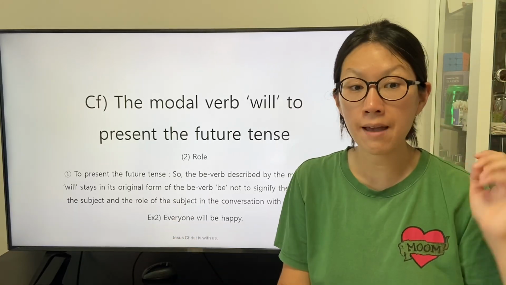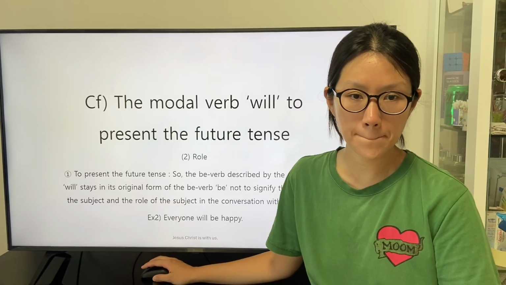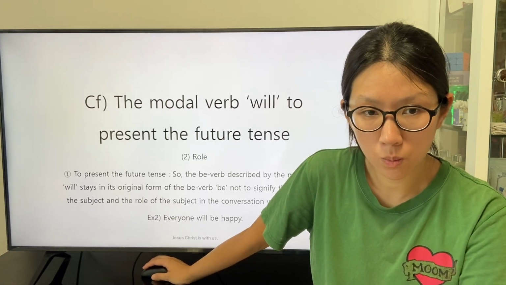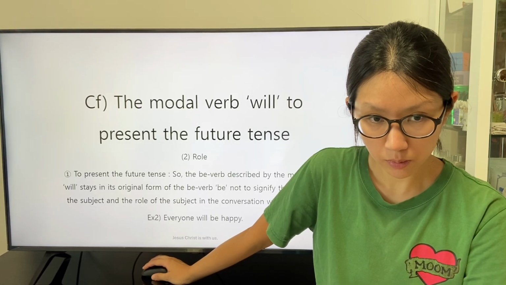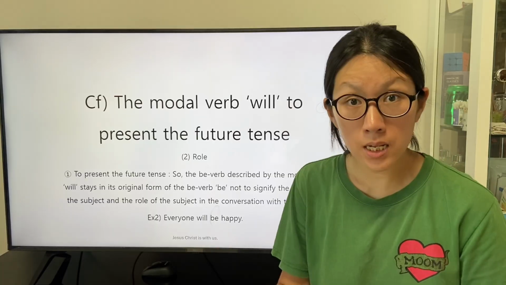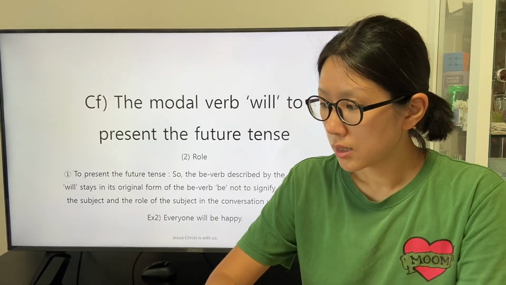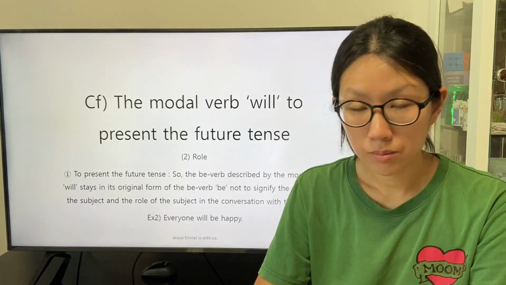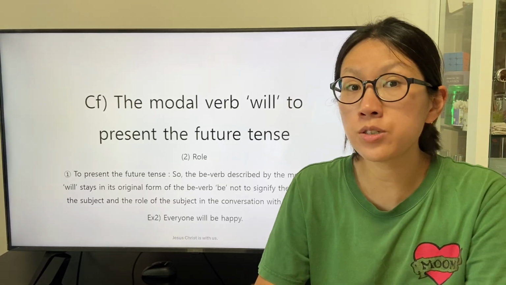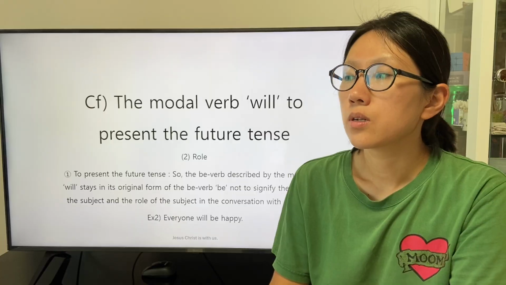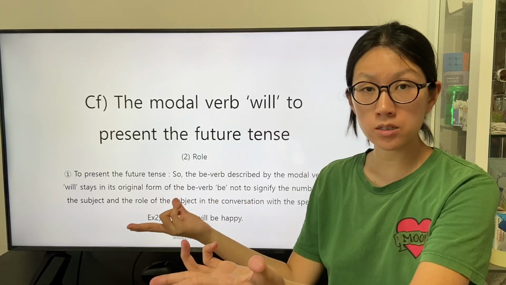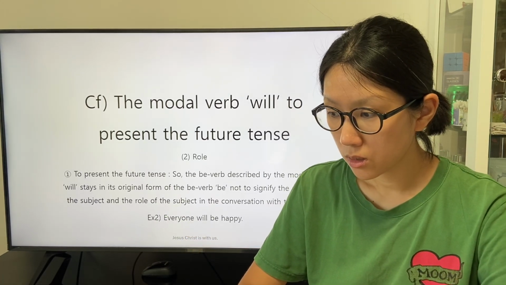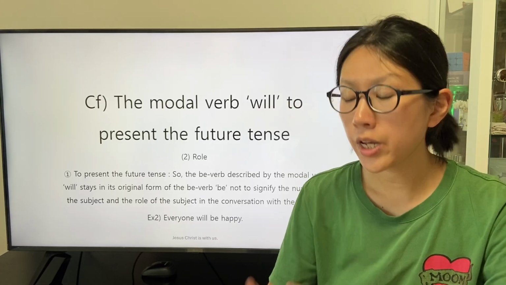There is the second clause, everyone will be happy. The form of the be verb be stays in its original form, and we can also understand that the future existence of the subject can be determined by the speaker who states the clause at the present.